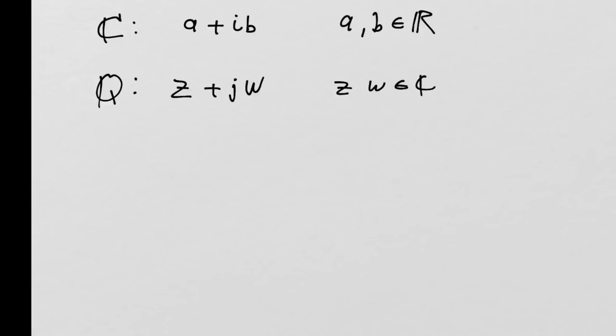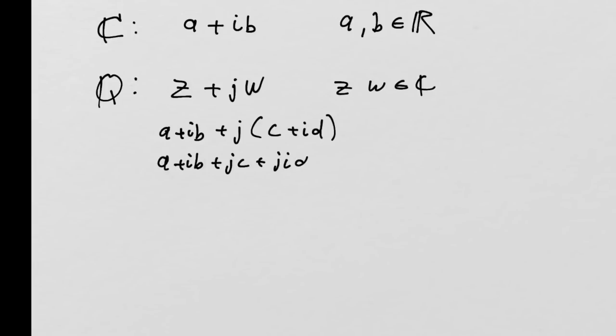Well, if we did that, then what would we end up with? Z would be A plus IB, for example, and then you would have J times another complex number, let's say C plus ID. And the ultimate result would be A plus IB plus JC plus JID, right?